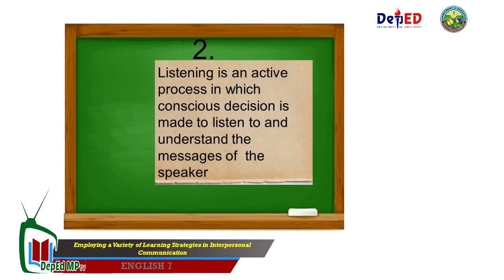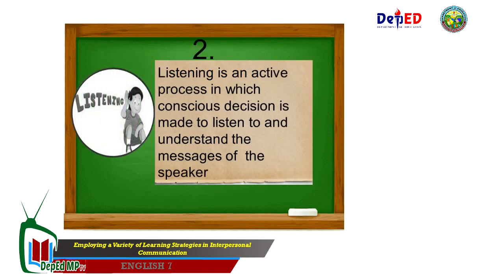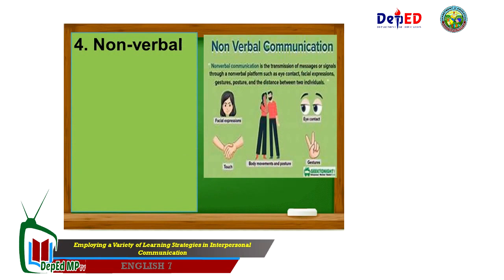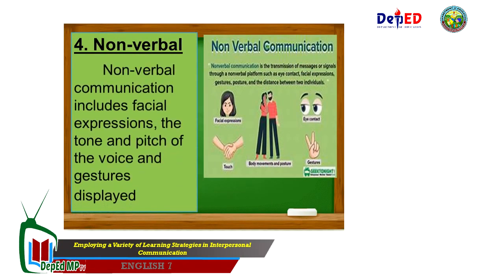Listening is an active process in which conscious decision is made to listen to and understand the messages of the speaker. 3. Written communication includes letters, emails, social media, the internet, and other types of media. 4. Nonverbal communication includes facial expressions, the tone and pitch of the voice and gestures displayed.